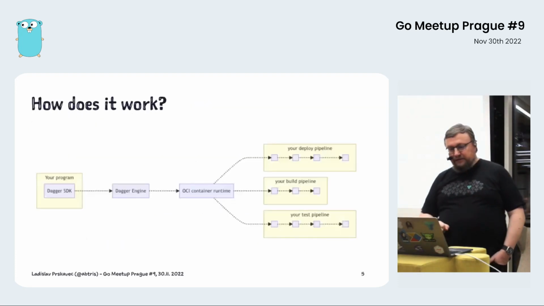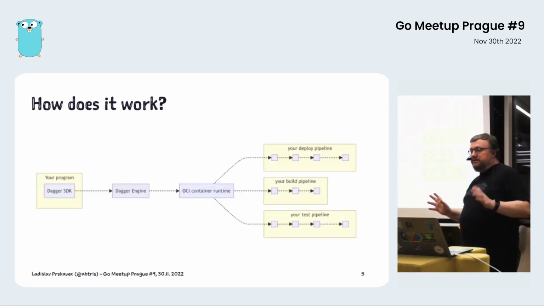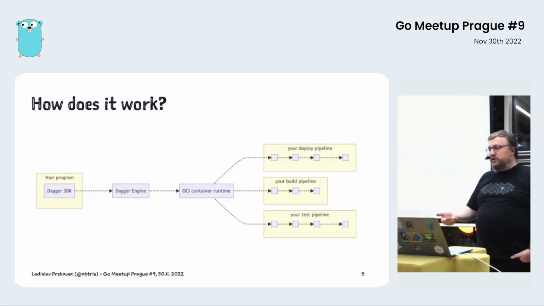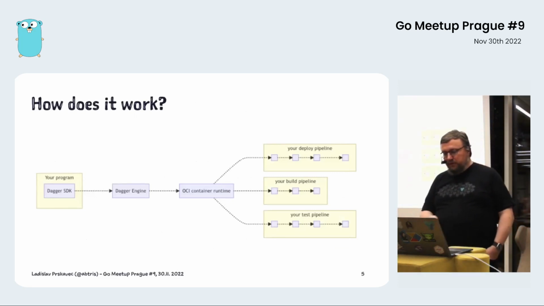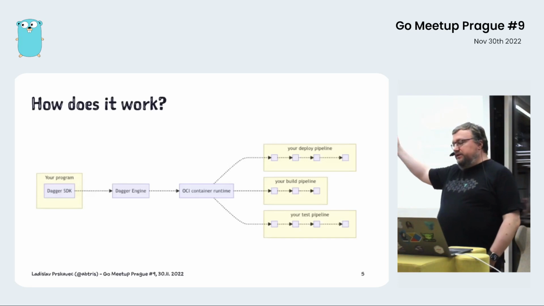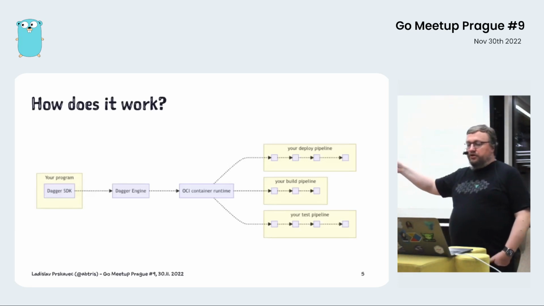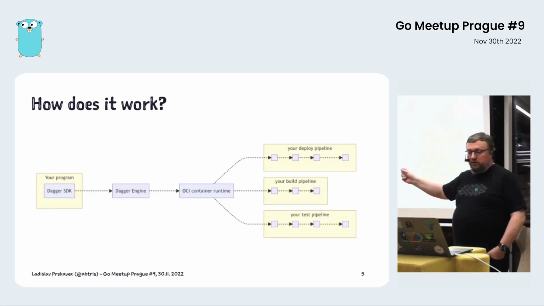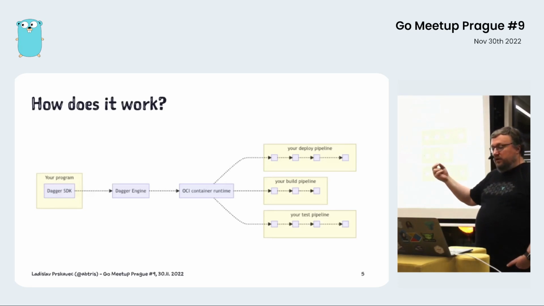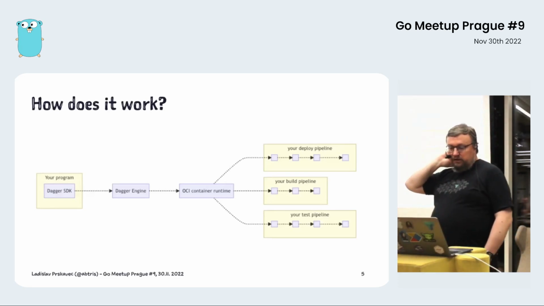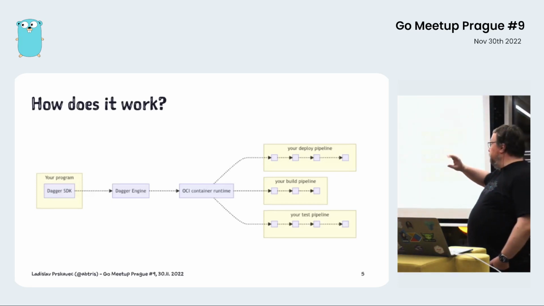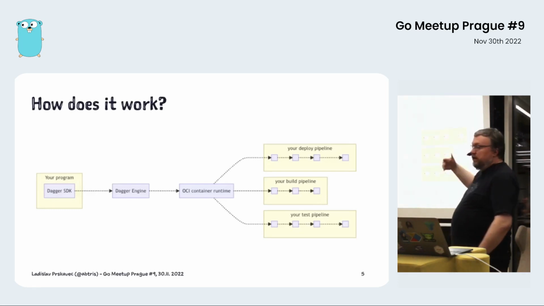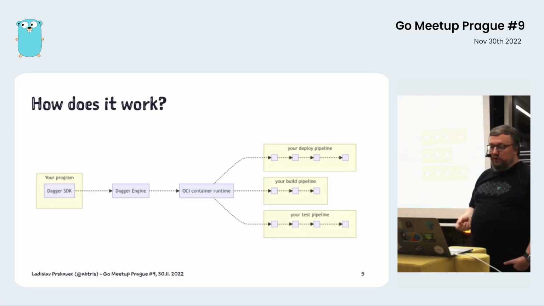And how does that work? With the SDK, your program is written in the language of your choice. We will speak about Go. It calls the client, that's the Dagger engine, and the Dagger engine gets API requests via a protocol, makes a graph that calculates how your pipeline will be done, and uses an OCI container runtime to execute all those things.